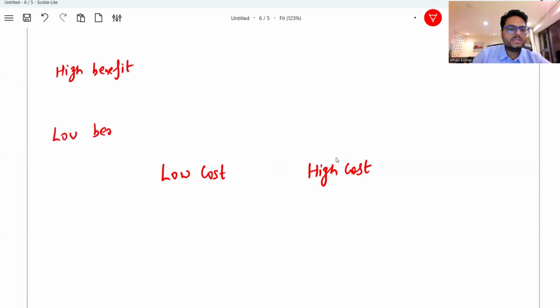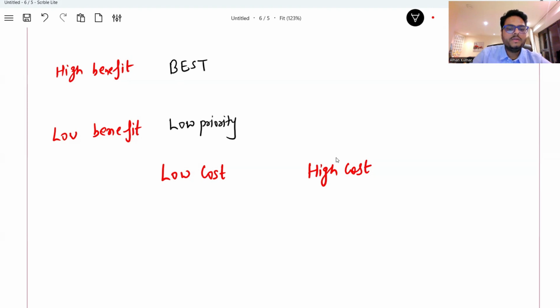So whatever projects I want to implement, I will just try to score them in a 2x2 matrix. If something is high benefit and low cost, then this is the best solution. If something is low benefit and low cost, then I will call it low priority.